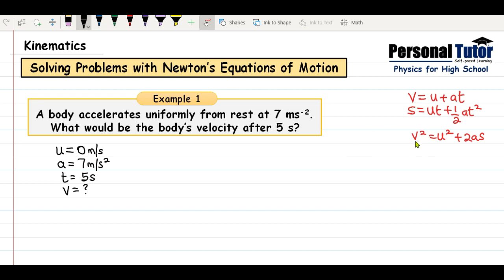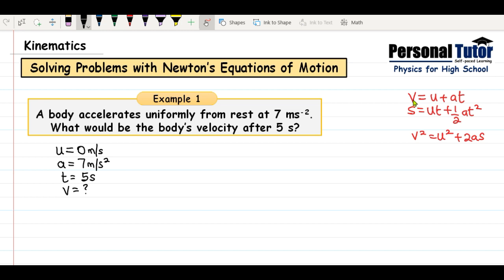Equation 3, there is a v. Now, starting from equation 3, I will need u, a, and s in order to find the v. Okay, so u is given. A is also given, but s is unknown. In view of that, equation 3 cannot be used to find the v in this situation.